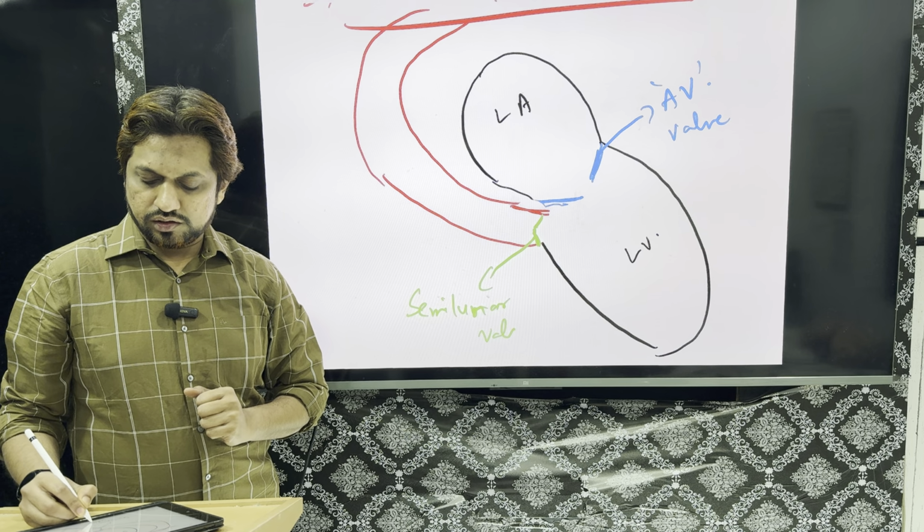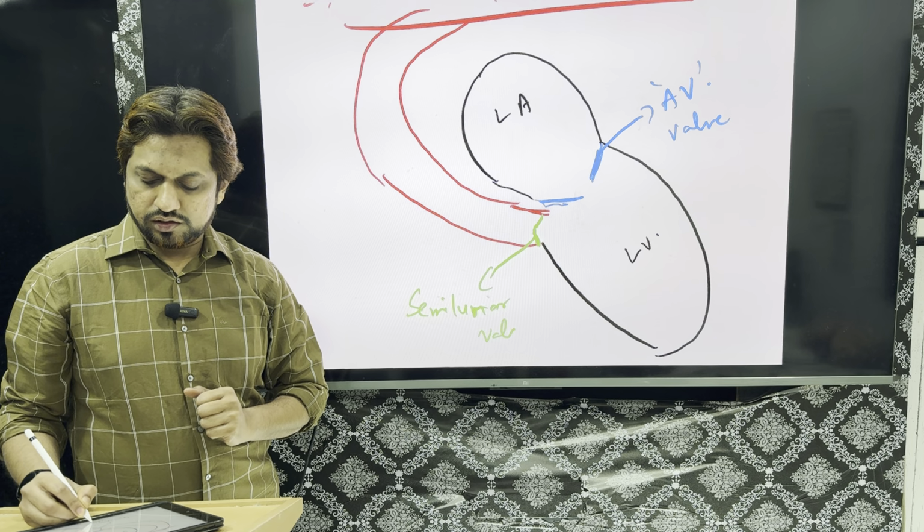Usually the right atrial pressure we consider as the jugular venous pressure, which will reflect the same JVP wave. You might have seen the JVP waves, A, C, V and X and Y waves. A, C, V are the positive waves and X and Y are the negative waves. The first positive wave in the JVP is due to this atrial contraction. A stands for atrial contraction.